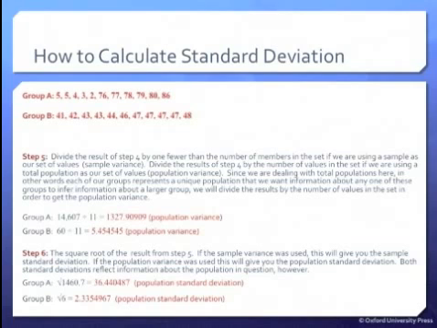Another route we can take is to divide the result of step 4 by the number of values in the set. We would take this route if we are using a total population as our set of values. By taking this route, we would be calculating the population variance in order to calculate the population standard deviation.